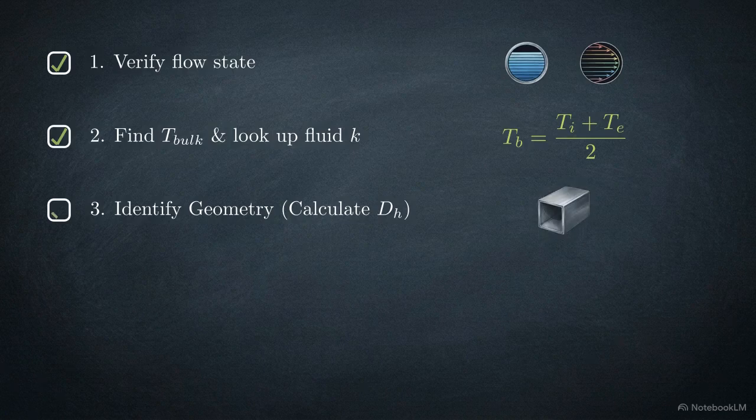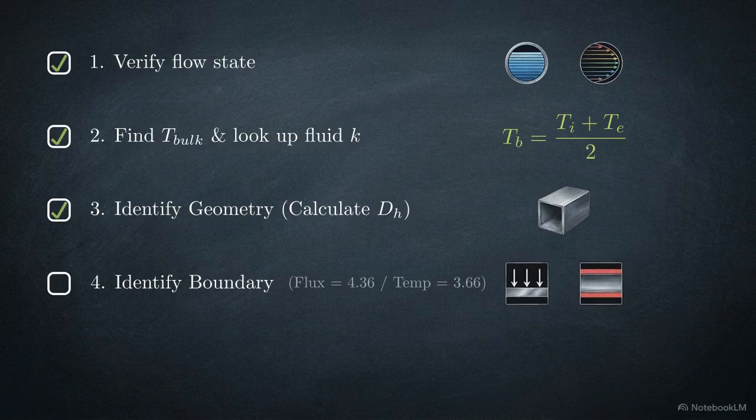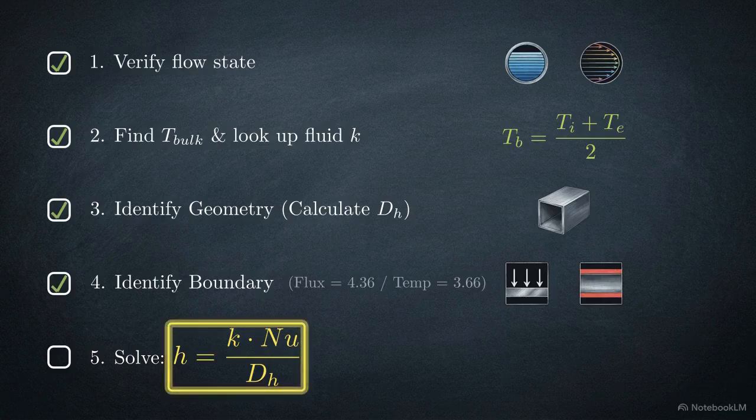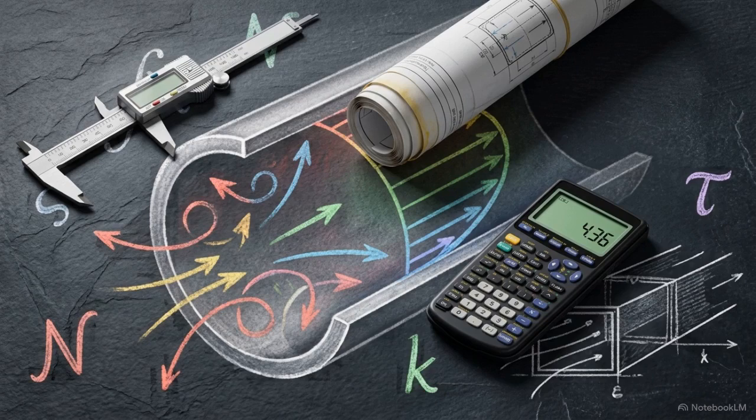Step 4. Identify your boundary condition to select the correct Nusselt number. Finally, Step 5. Plug your verified values into the master formula to solve for the convection heat transfer coefficient. Success in internal convection depends on accurately diagnosing the physical environment before selecting your mathematical tools.